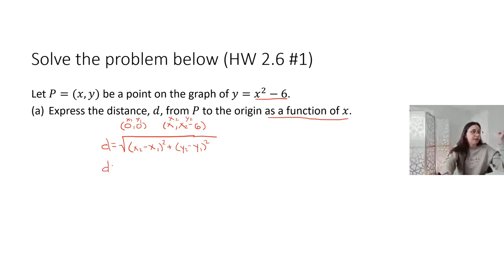So we put in d equals the square root of (x2 is x, minus x1 is 0) squared plus (y2 is x squared minus 6, minus y1, which is 0) squared. I wrote x2, but x2 is really just x, so we don't actually need the 2 there.